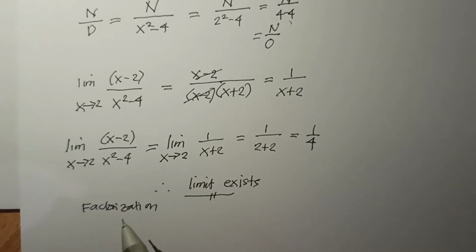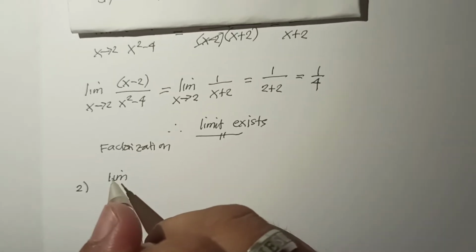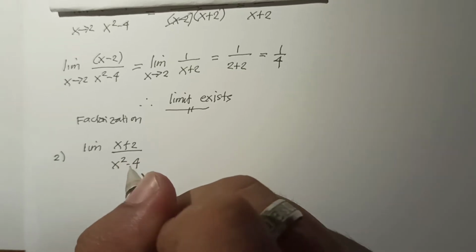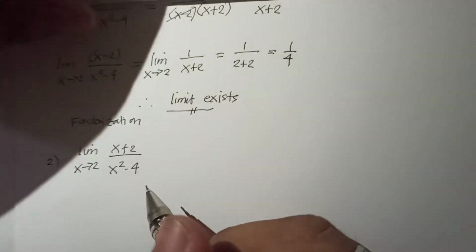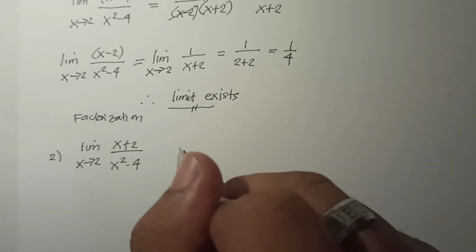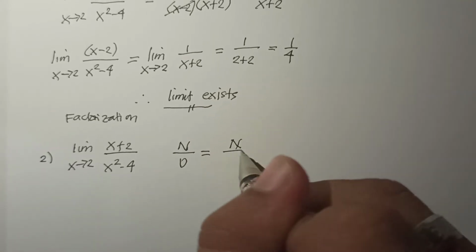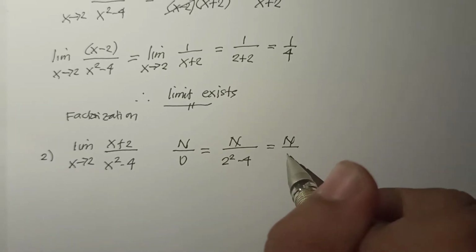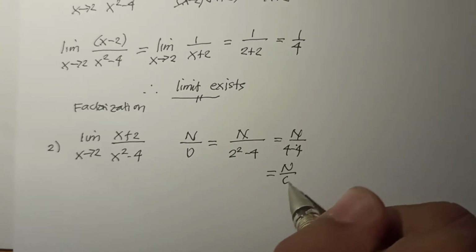In example number 2, we have the limit of x plus 2 over x squared minus 4 as x approaches 2. The first thing that we're going to do again is find n over d by substitution. So n over 2 squared minus 4 is n over 4 minus 4, that is equal to n over 0.